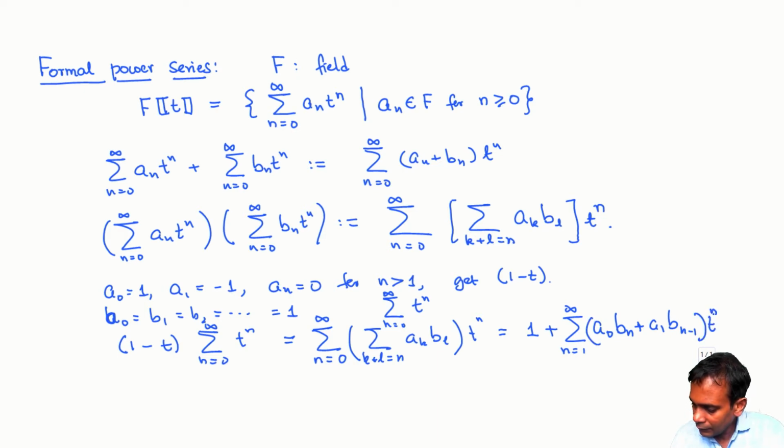times t^n, but this in turn is always 0 because a0 is equal to 1, a1 is equal to minus 1, b_n is always equal to 1, and b_(n minus 1) is also equal to 1. So this will become 1 minus 1. So the answer you get is 1. This means the power series for which a0 is 1 and all the remaining terms are 0.